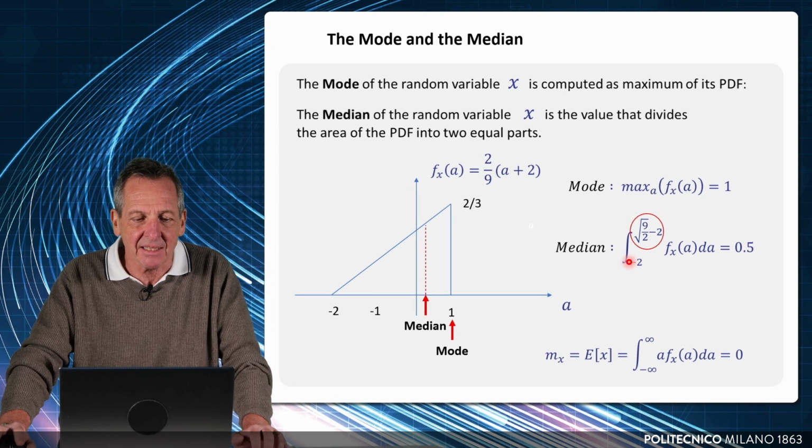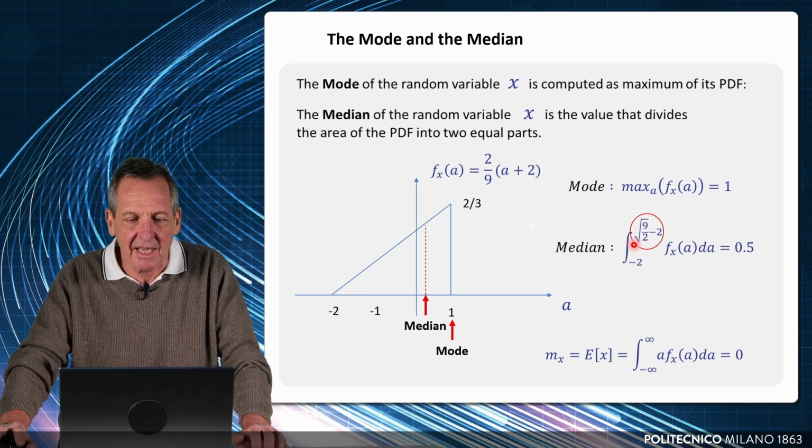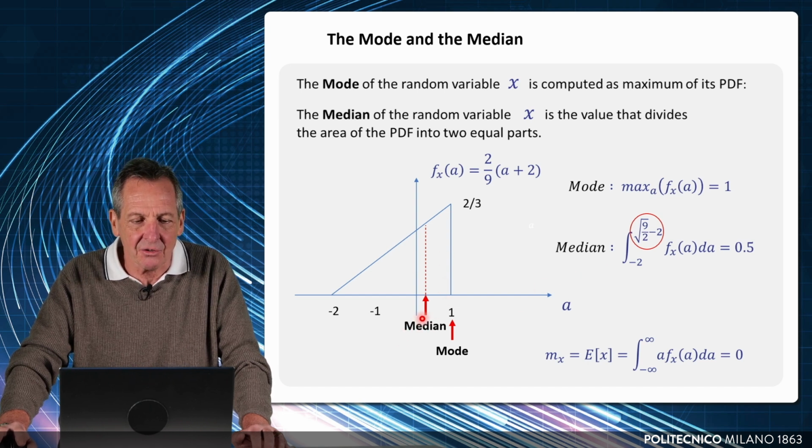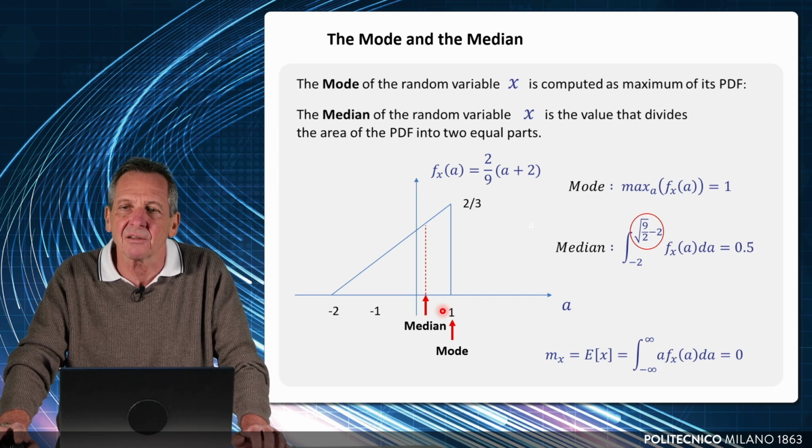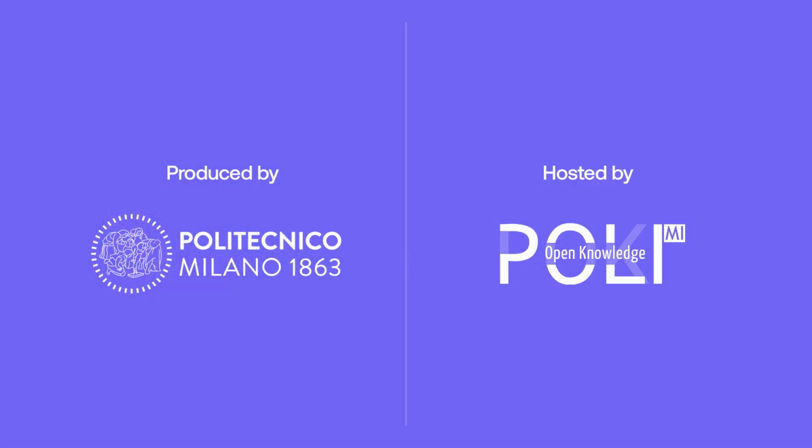And the median here is computed as the value in the red circle that allows us to get half the probability of our probability density function. And this value is between 0 and 0.5, so different from the mean of our probability density function.